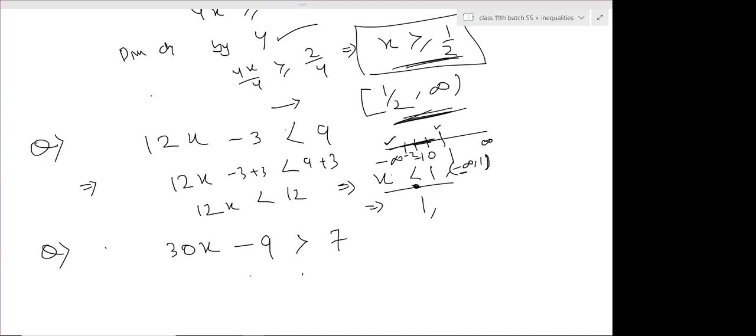All right, so solve this next one. 30x minus 9 is greater than 7. Send me the answer in chat in interval form.